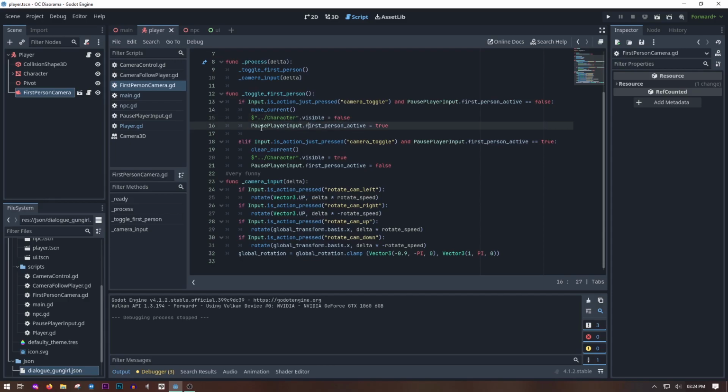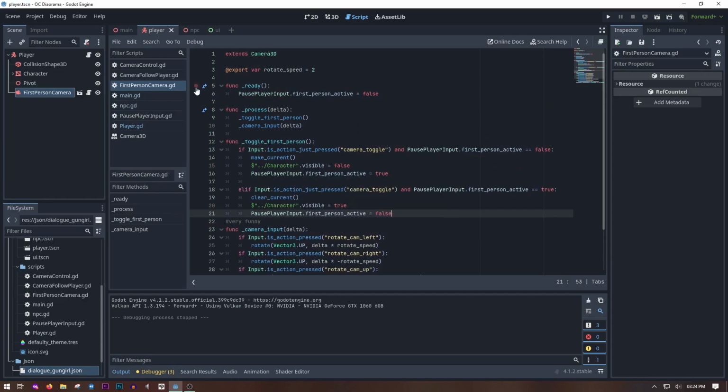So yes, pause player input, and then visible equals false, and then when you toggle it back, it goes to clear current, goes to find the camera, makes it true that the character is visible, and switches this back to false. We are not in first person. So that's the first person camera.